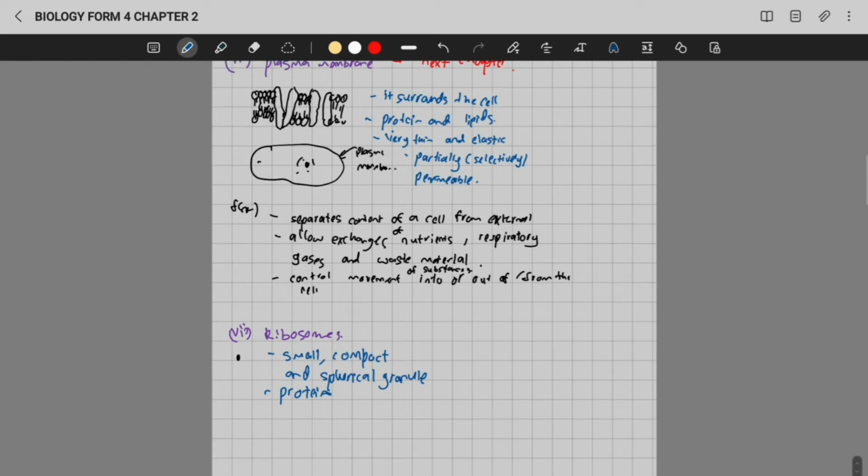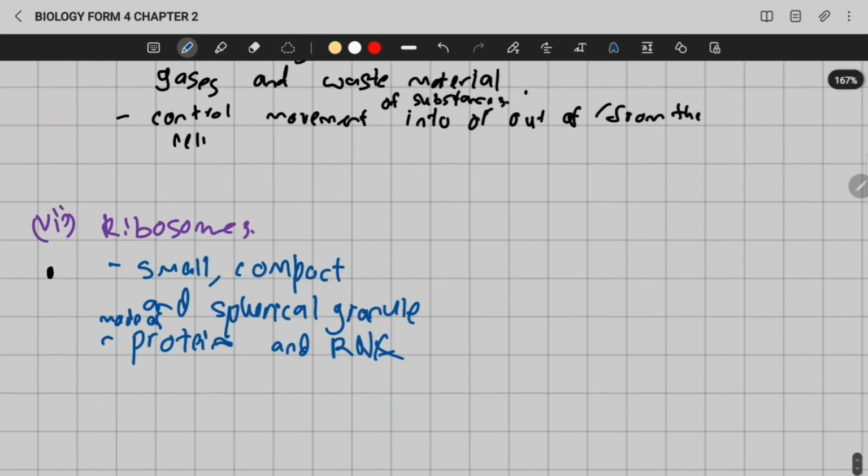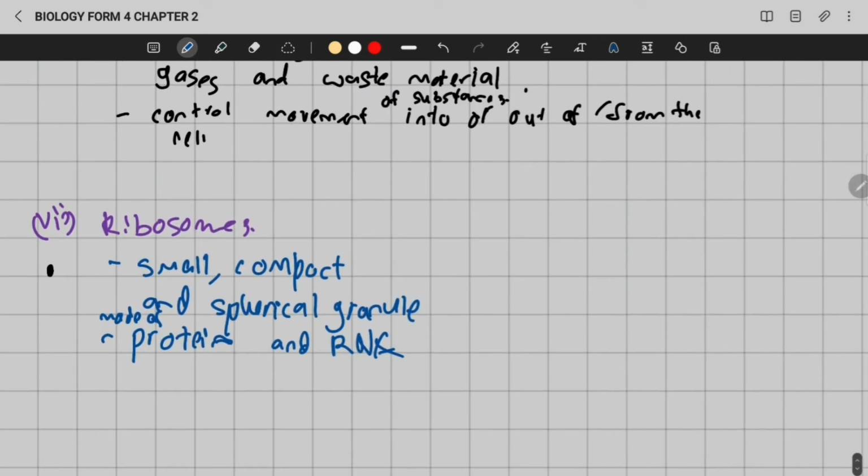They're made of protein and RNA. And they are present on the RER, the rough endoplasmic reticulum, or they can also exist freely in the cytoplasm.